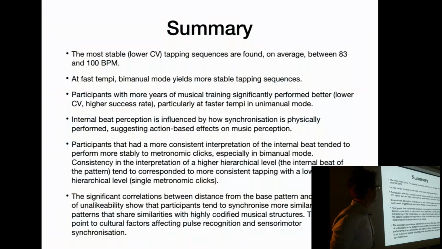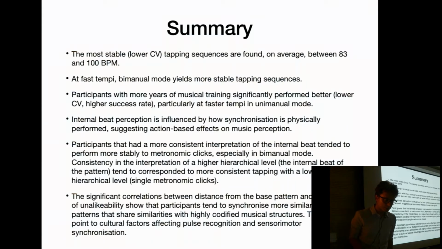And so, yeah, internal beat perception is influenced by how synchronization is physically performed. So there's this action-based effect on internal beat perception. Participants that had more consistent interpretation of the internal beat tended to perform more stably in the first experiment.